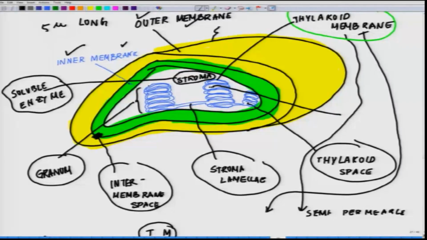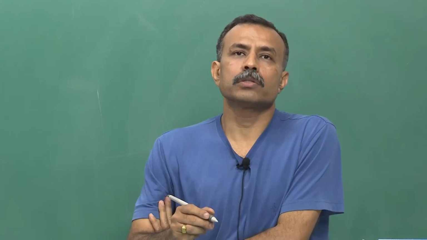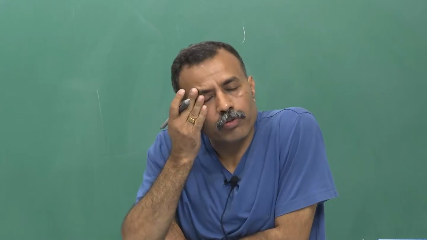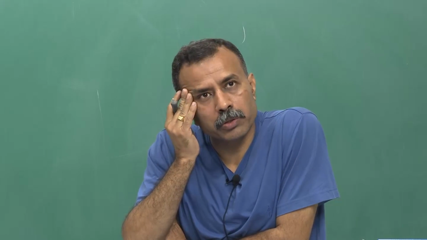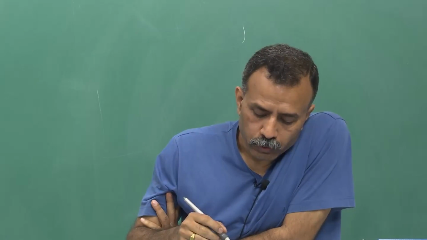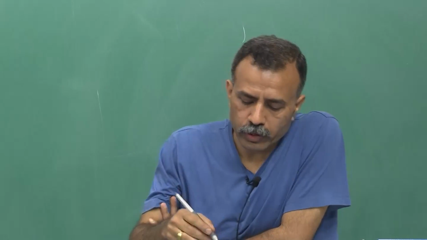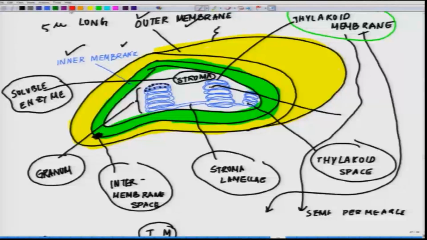Your chlorophyll molecules are sitting here where I am putting the dots, and I told you that there are two different reaction centers which have different proportions of chlorophyll A and chlorophyll B molecules sitting there. So, those reaction centers are out here.